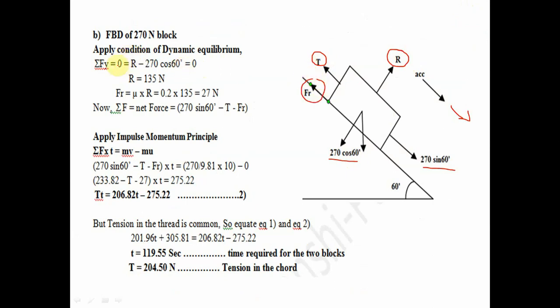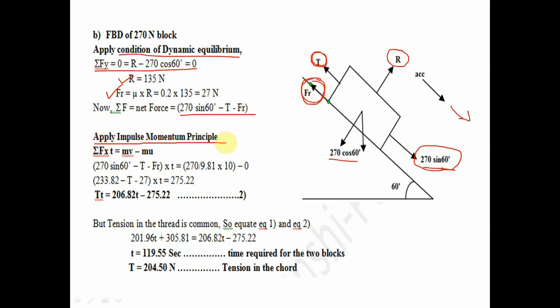Okay, now apply condition of dynamic equilibrium. Summation Fy is equal to 0, R minus 270 cos 60 is equal to 0. From that we will get reaction R. From reaction we calculate frictional force Fr, and then net force, that is 270 sin 60 minus T minus Fr.